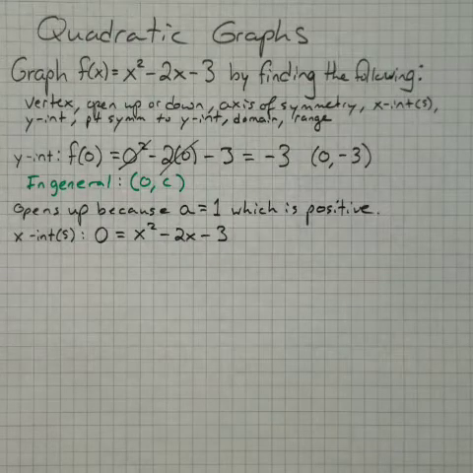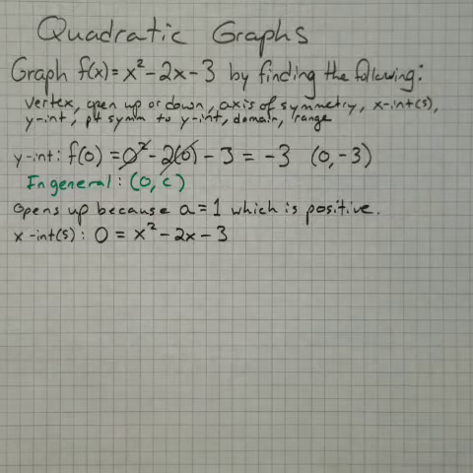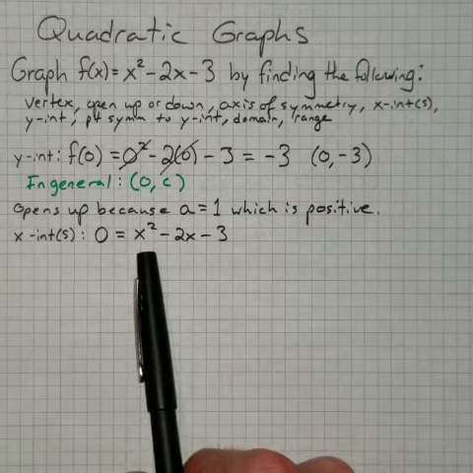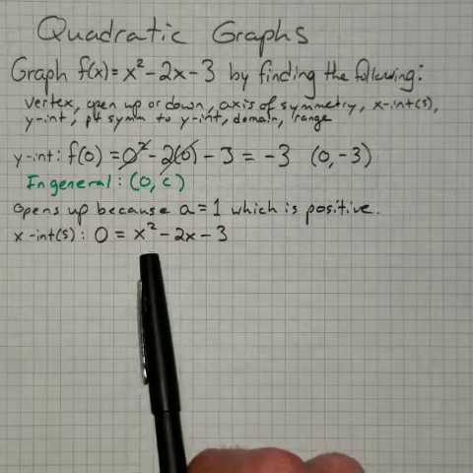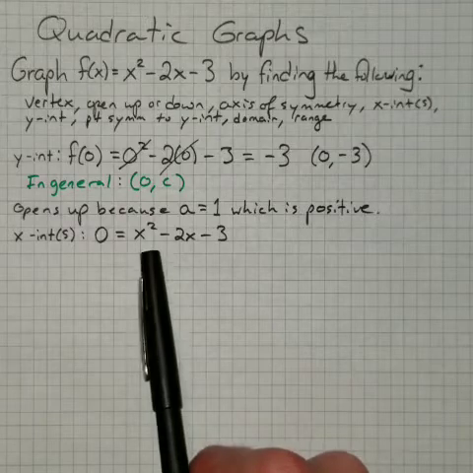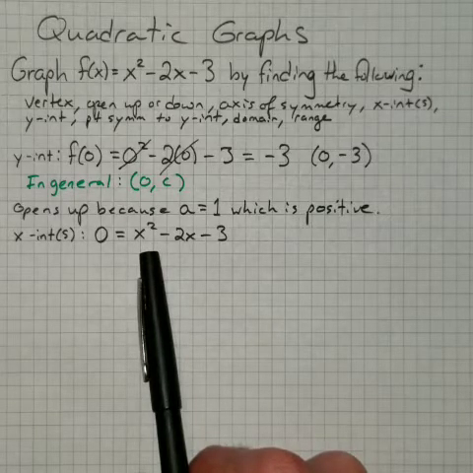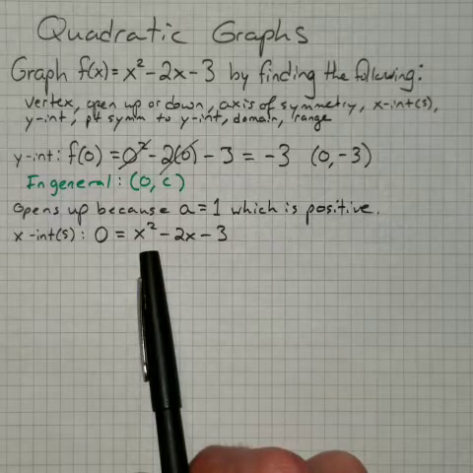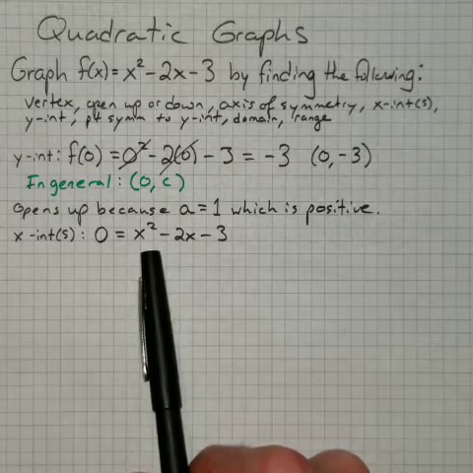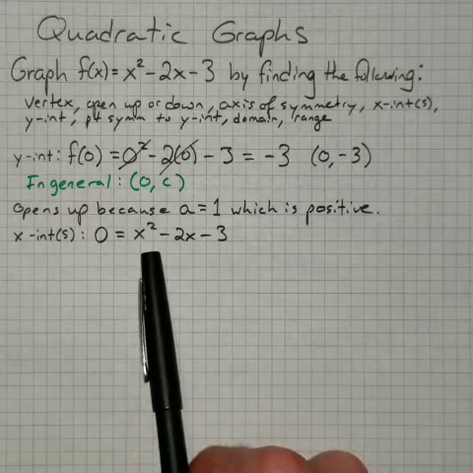Well, here's where our solving skills will come into play. This is a quadratic equation, and we talked about, I don't know, maybe a section ago or 2 sections ago, that there are 4 ways now that we can solve a quadratic equation. Okay, you can use the factoring idea, the square root property, completing the square, and the quadratic formula. And any of those 4 methods will work here.